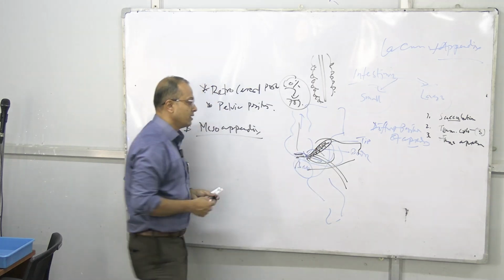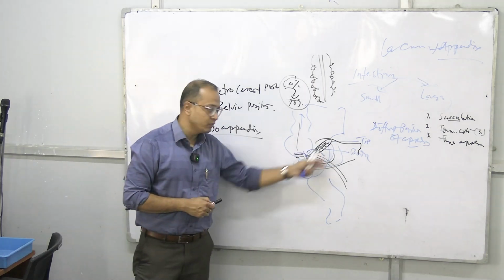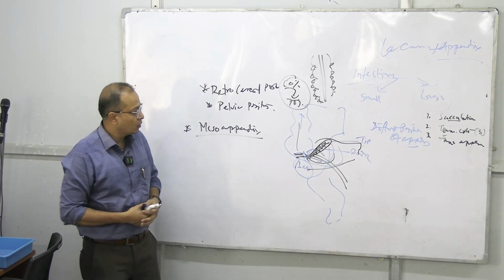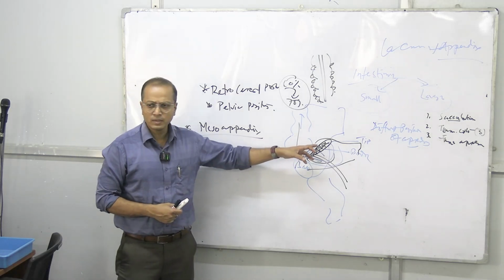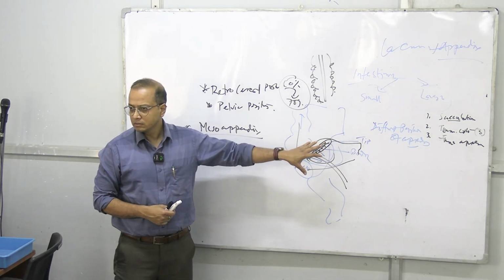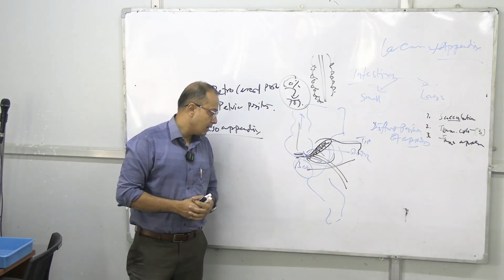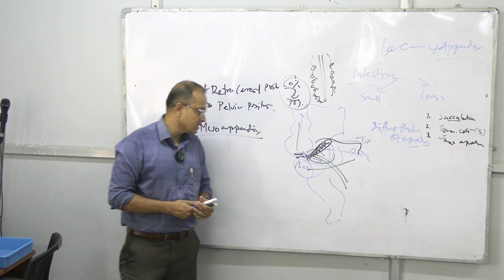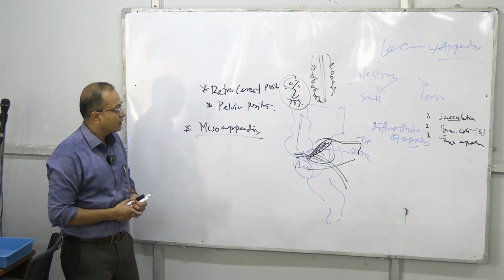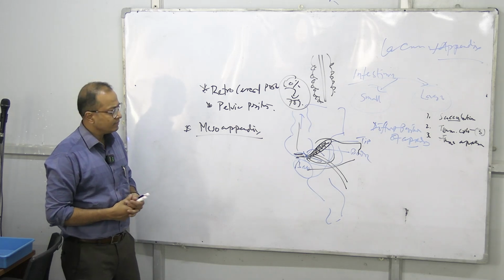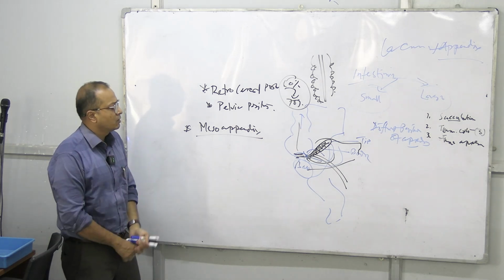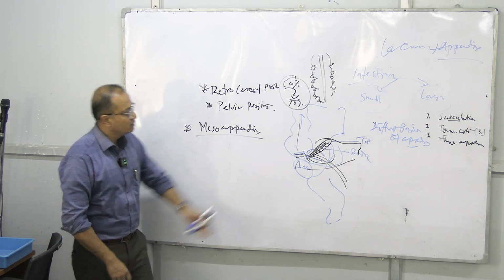That is why this area is filled with lymphoids. That is why you call it the abdominal tonsil. Like a tonsil, there are lots of lymphatics within it, and the appendix is rich in nerve supply, blood supply, and lymphatic drainage as well.